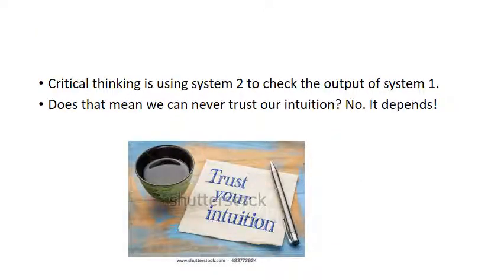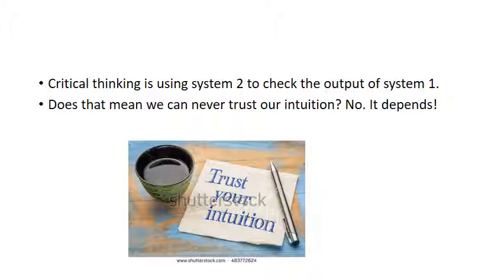And so critical thinking and scientific thinking in this context as well consists in not just trusting and going with the output of our intuitions, but using system 2, our reflective conscious reasoning processes, to check the output of system 1 and to override that output when necessary.